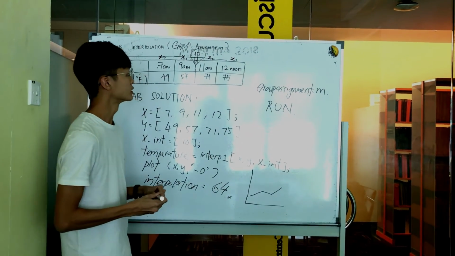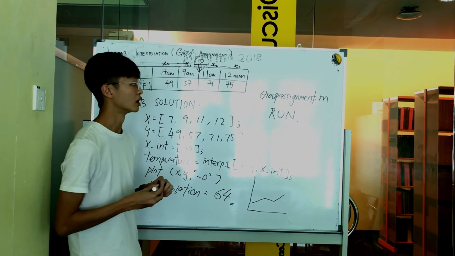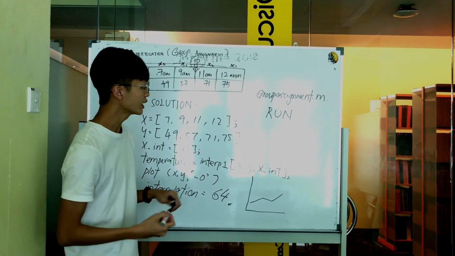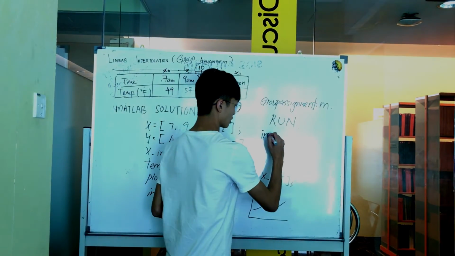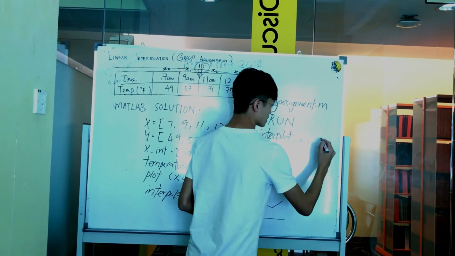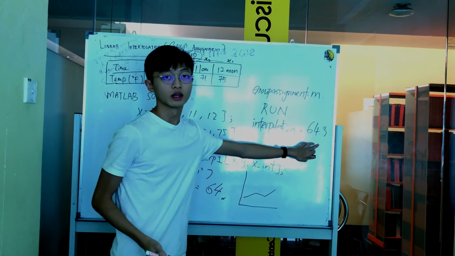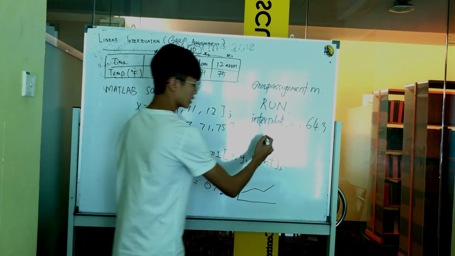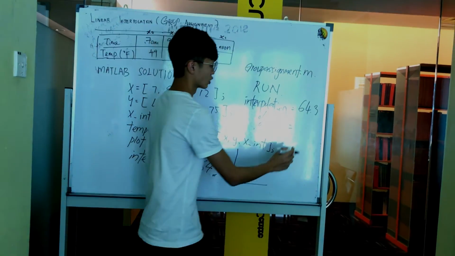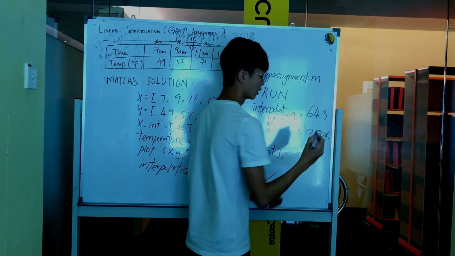And just now my friend Hui Ying showed us the Lagrange interpolation. According to that interpolation, she got the value 64.3. After that, we compare the percentage error deviation. In our test, we only have a very small error, 0.4 something.